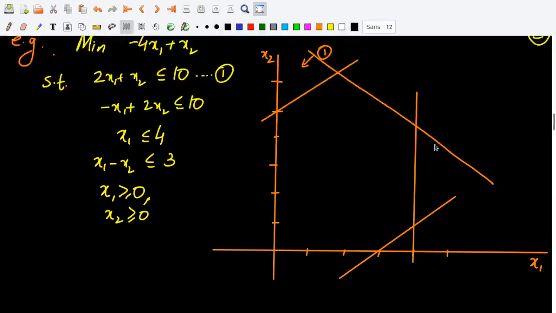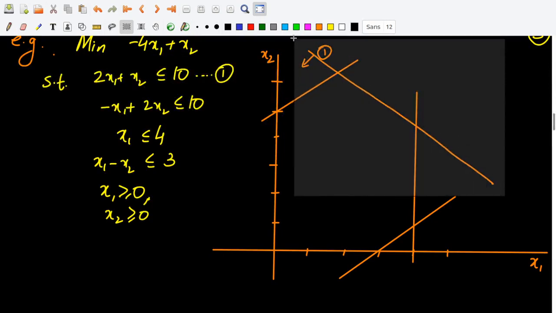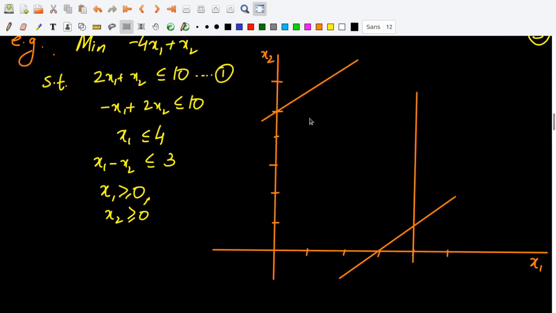So actually this first one is somewhat down below, it hits us somewhere here. This is obviously approximately drawn.